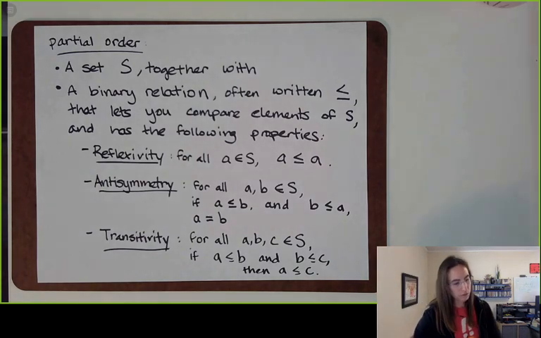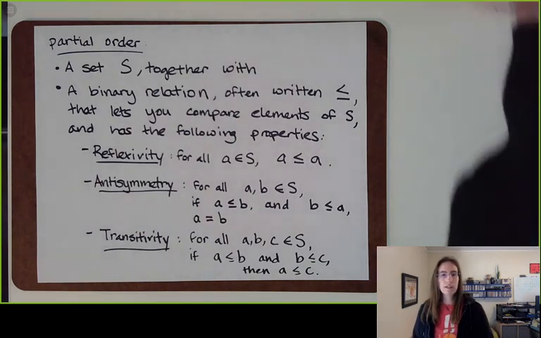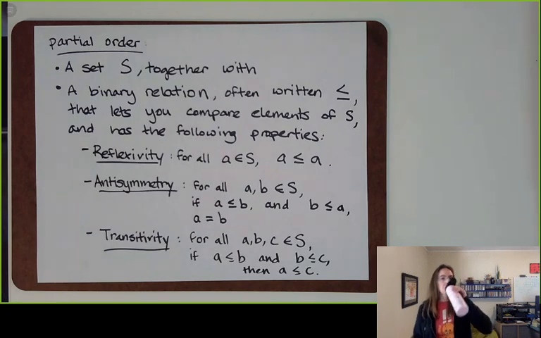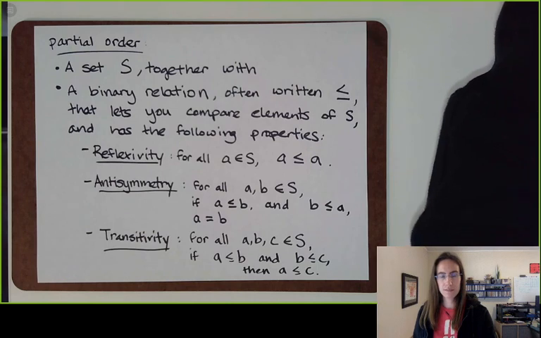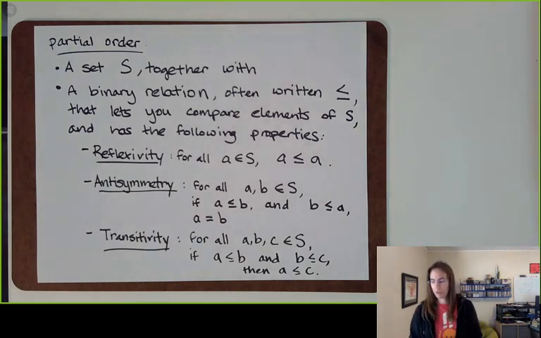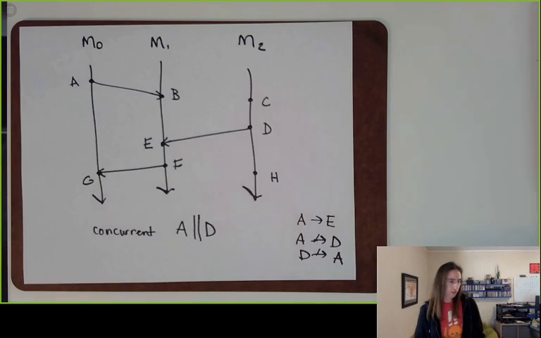Well, first of all, we need to be talking about a set, right? So when we talk about happens before, what set are we talking about? That's right, yeah, we're talking about the set of events. So just like in this picture we just saw here, we have a set of events here.